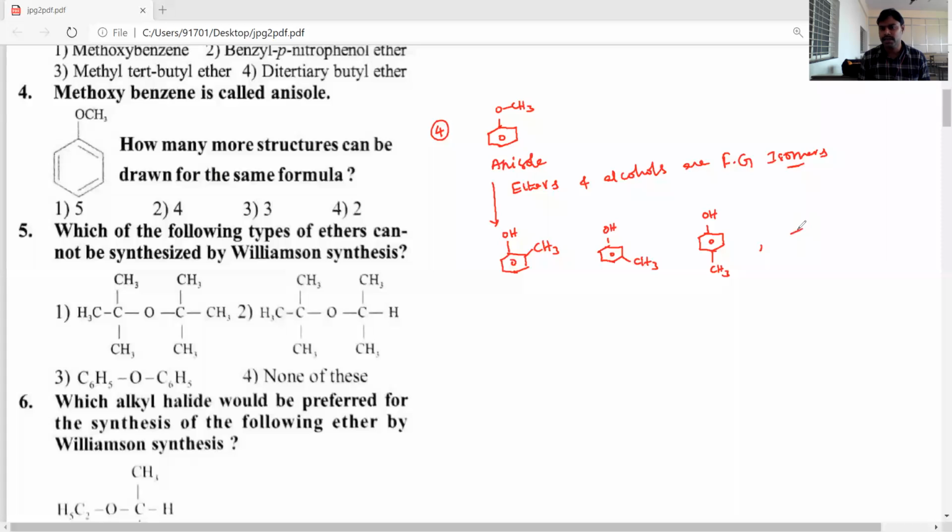And one more alcoholic arrangement is C6H5 bond CH2 bond OH, benzyl alcohol. Anisole and these compounds have the same molecular formula. From anisole we can write 4 types of alcohols. So the answer is the second option. The second option is correct, dear students.